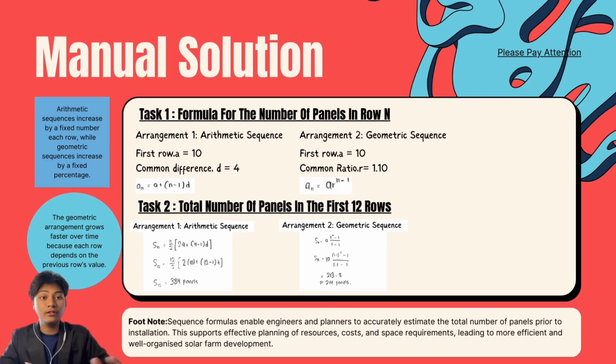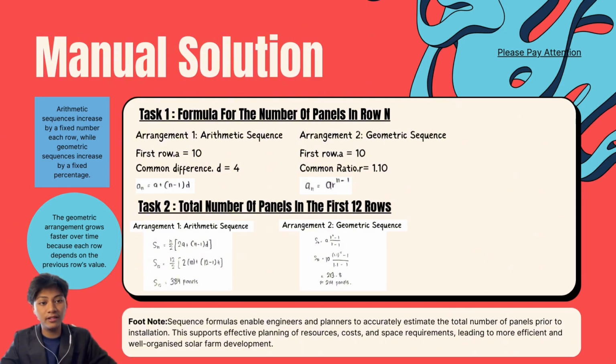Alright, so moving on, I will talk about our manual solution, which is the solution that we calculated with our bare hands. For the first task, we are assigned to calculate the formula for the number of panels in row n, where n represents a certain position in the sequence. For the first arrangement, the arithmetic sequence, the first row is given as a equals 10.